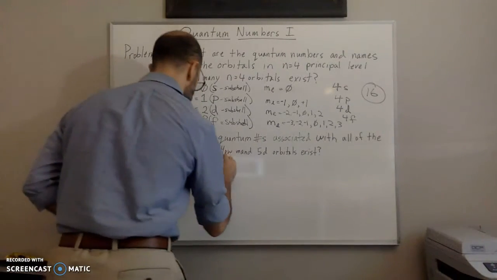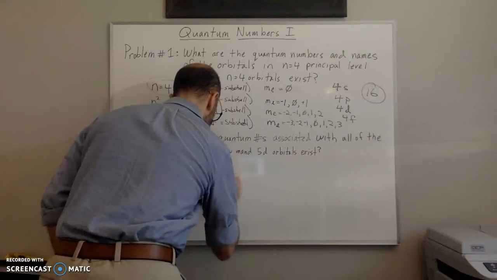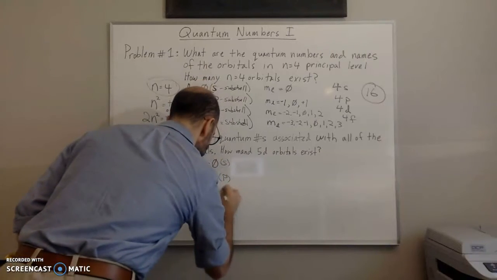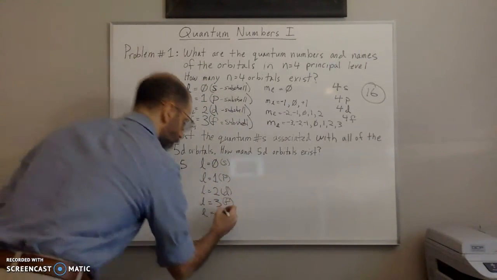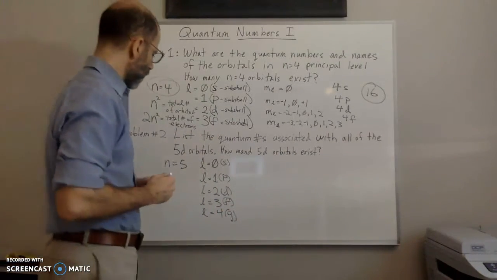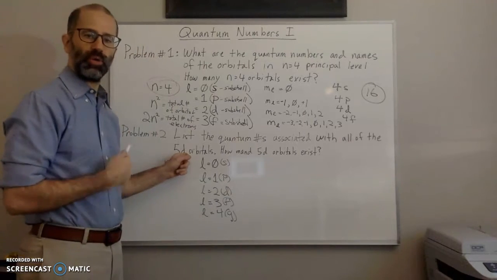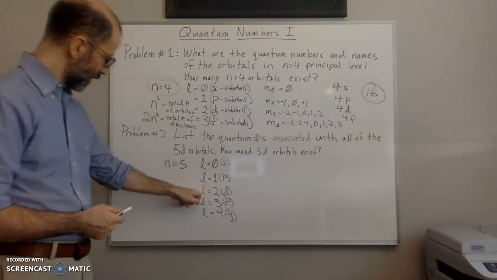So this is going to be your s, your p, your d, your f, and then L equals 4, we'll call this g. We're interested in only the d. So we're interested in this here.